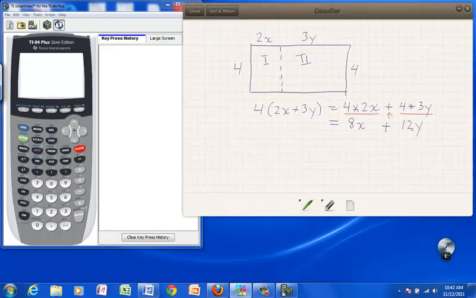We should try and add these together, but 8x and 12y are not like terms, so we are done with that expression. So we have that 4 times 2x plus 3y is equal to 8x plus 12y.